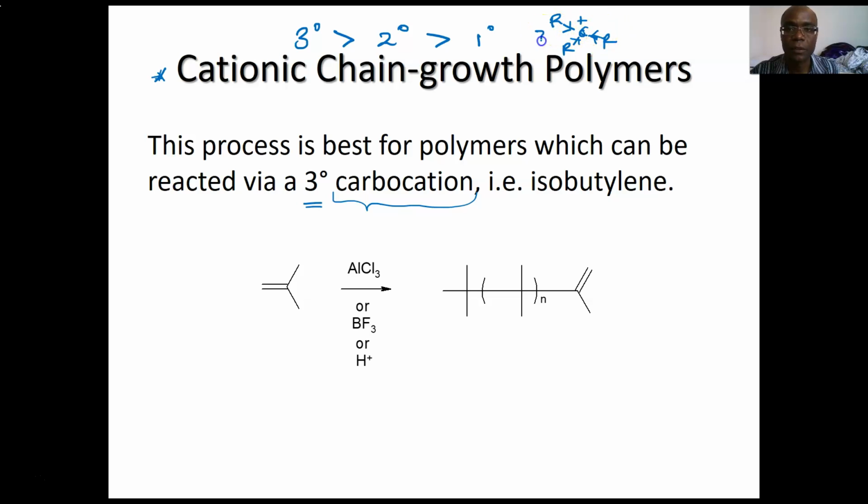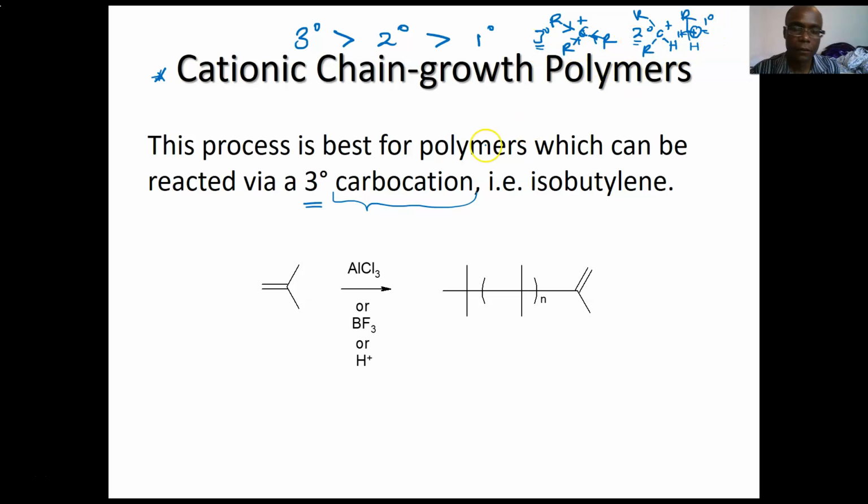This is tertiary, where all these R groups are carbon-containing substituents, and this is secondary, with only two R groups. Of course, primary will only have one R group, so in this case you will have two hydrogens. So that's primary carbocation, secondary, and that's tertiary.